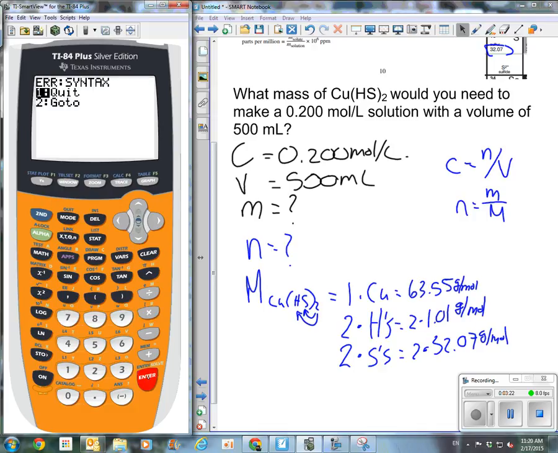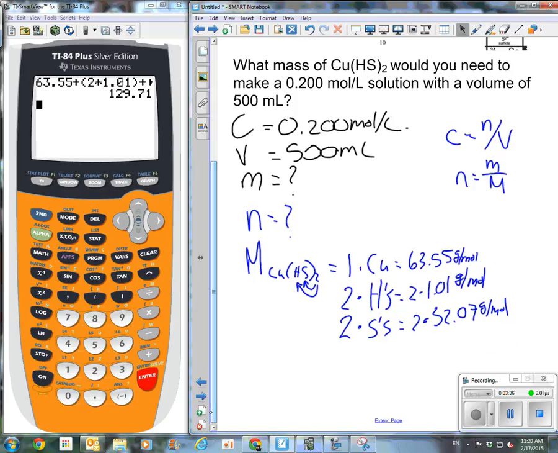Enter. All right, 129. I need to think to myself, does that make sense? And yes, it does. 2 times 30 is like 60, so it's 120 plus some change. So the molar mass is equal to 129.71 grams per mole.